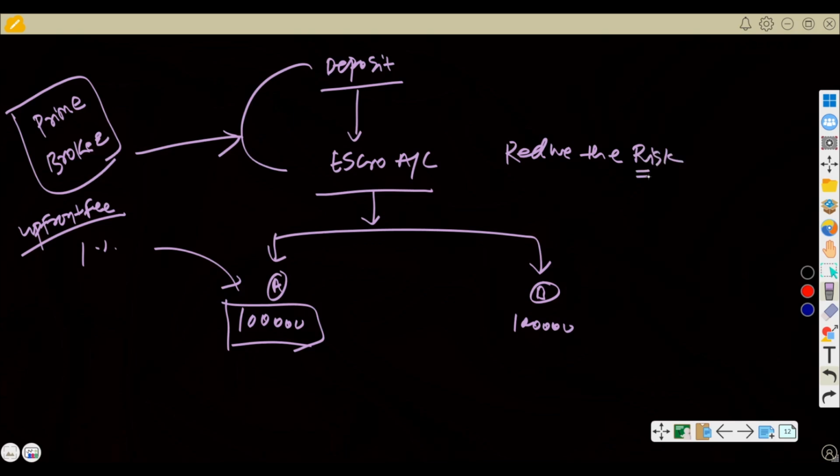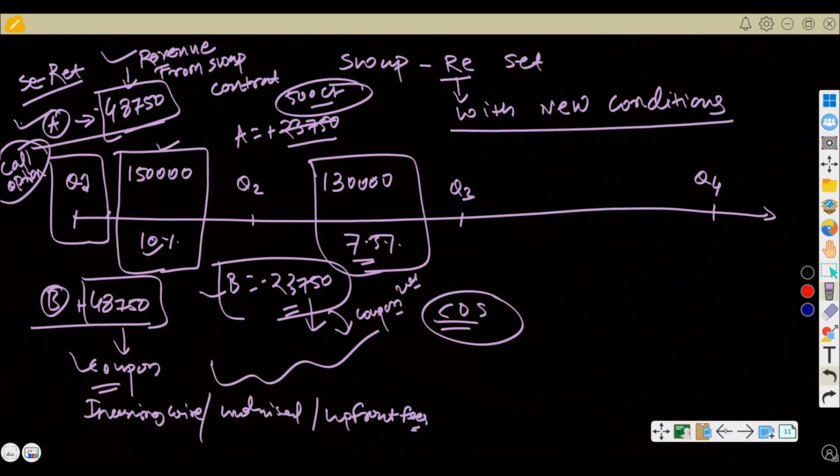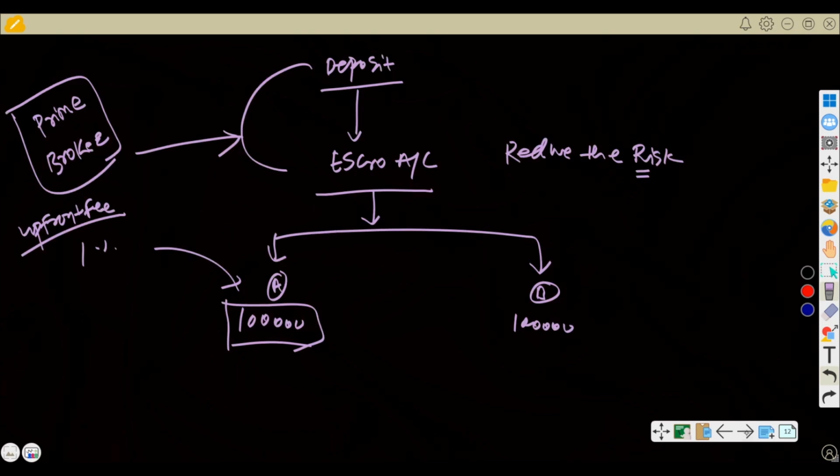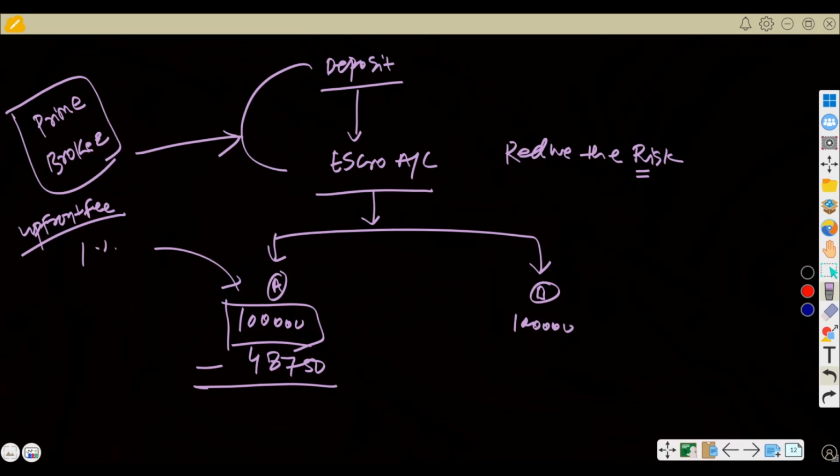Take the first example where one counterparty transfers 48750, right? Means A transfers 48750. So here the broker will minus 48750. See, once the loss is incurred, no one will pay it. So that will get delayed. If the loss is widened, that will lead to huge losses as well.